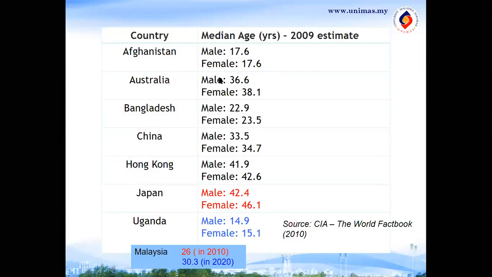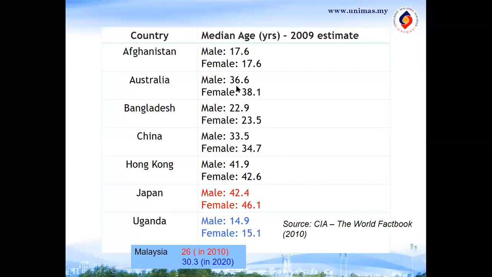Okay, so if you look at these countries here, okay, Afghanistan, the median age is 17.6 untuk lelaki dan juga perempuan. No difference between male and female in Afghanistan. Then the Australia, you see there are a lot of difference, almost double.